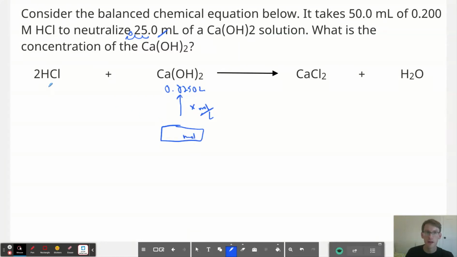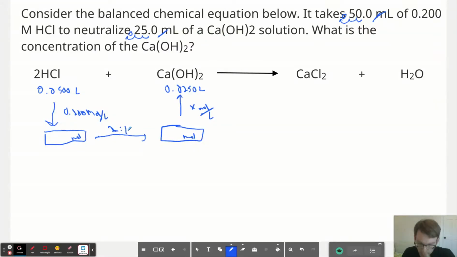I know that I use 50.0 mils, which is 0.0500 liters of hydrochloric acid. That can bring me to moles of hydrochloric acid if I know the concentration, which I do. It's 0.200 moles per liter. And I also know that I got a 2-to-1 ratio, 2 to 1.